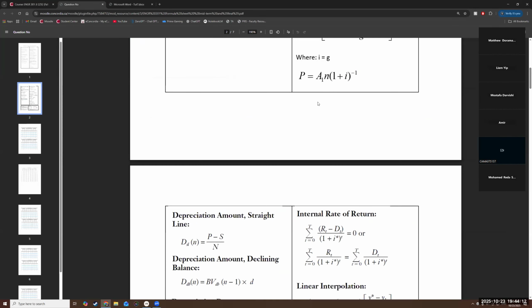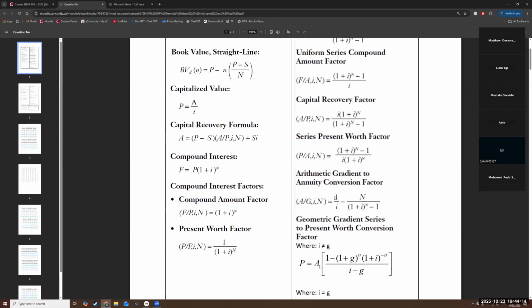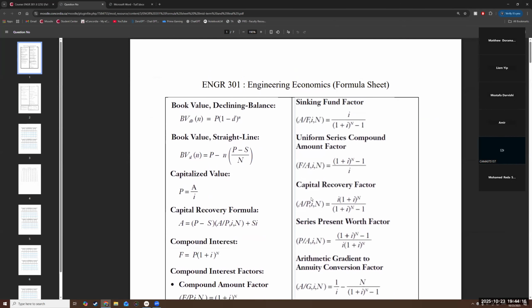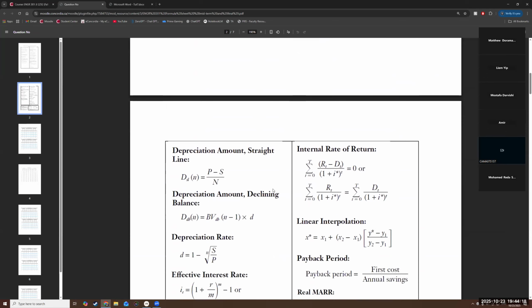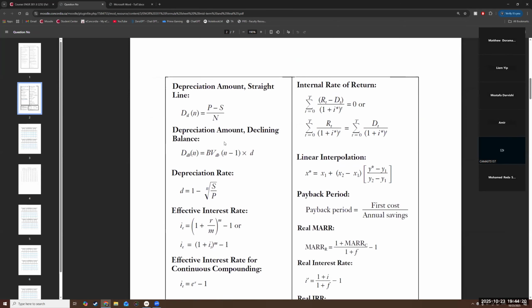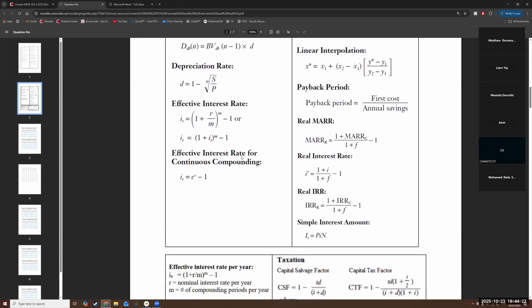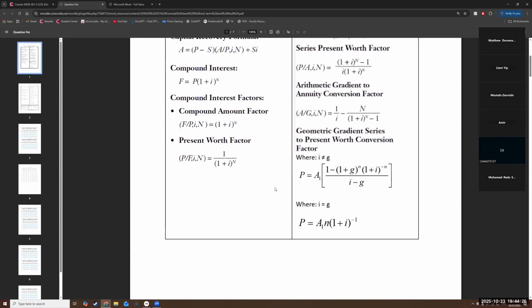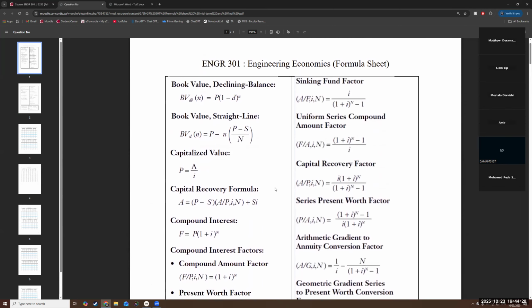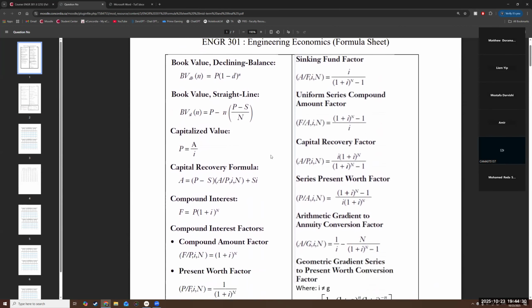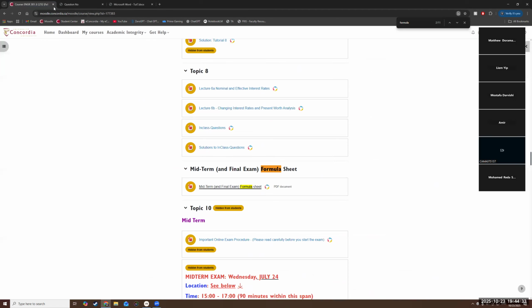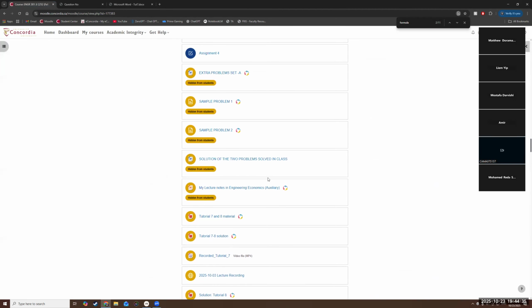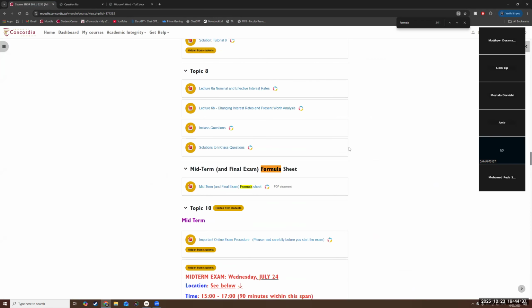So it tells us which formula to use here. But it does not give us the formula in our formula sheet. For this, we have to find it in the class notes.